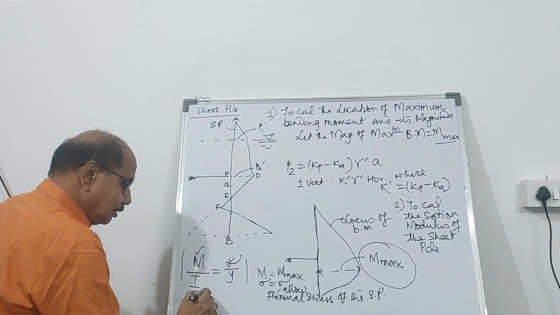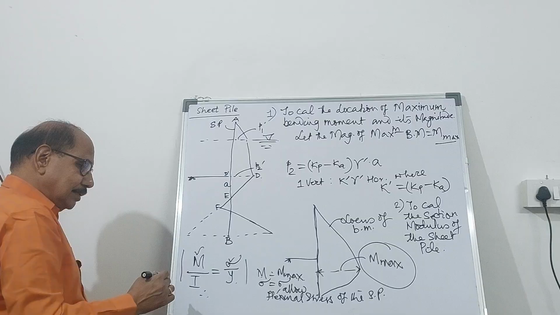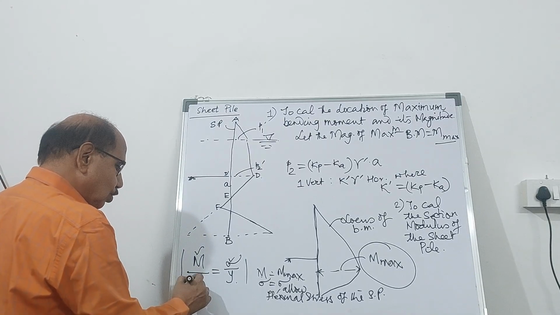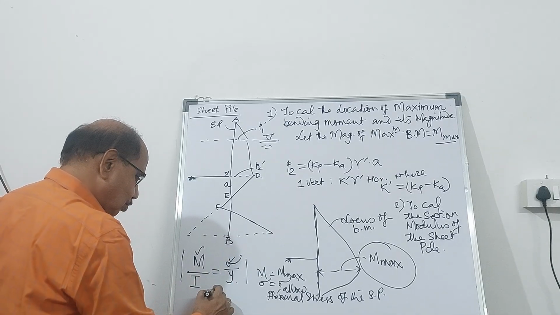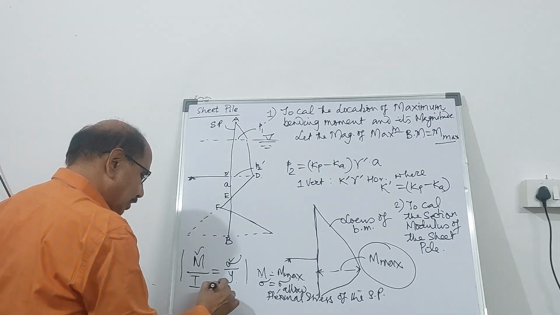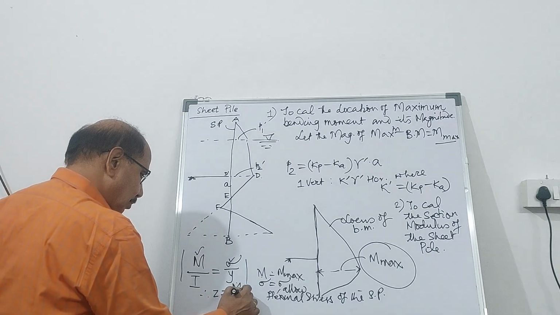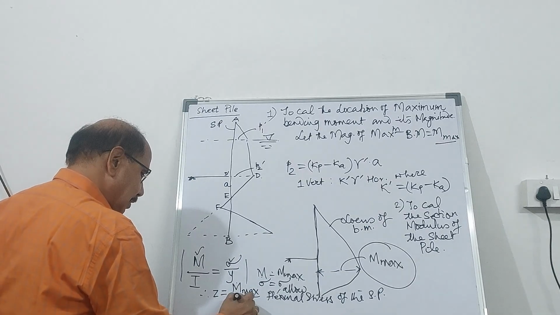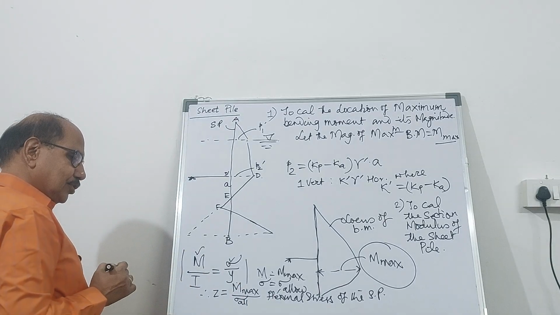Therefore, you can say that the section modulus is I by y. So you can take I over here on the right hand side. So I by y equal to Z. Z is called the section modulus equal to the maximum bending moment divided by allowable flexural stresses.